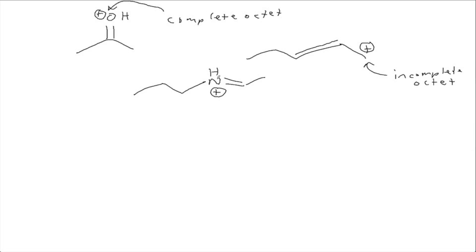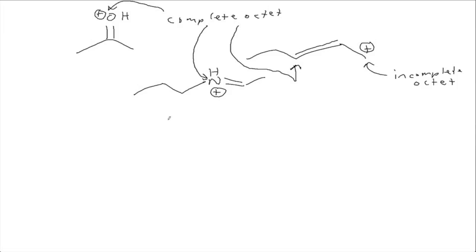It has a complete octet. Despite the positive charge, because it's not a carbon with a positive charge. Yeah. Does this atom have a complete or an incomplete octet? Complete. It's a carbon, but it doesn't have a positive charge, so it's still a complete octet. Okay.